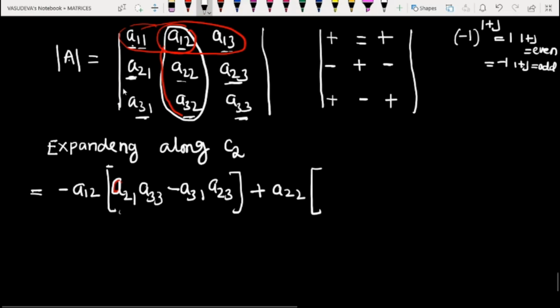so the element A22 lies in the second row.